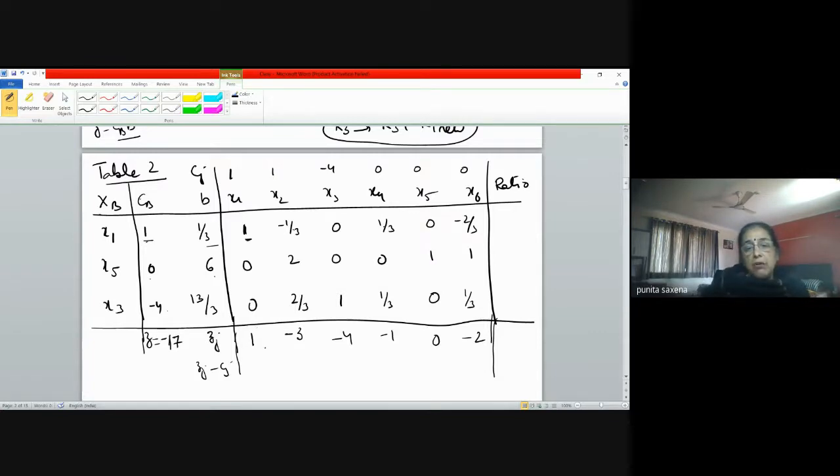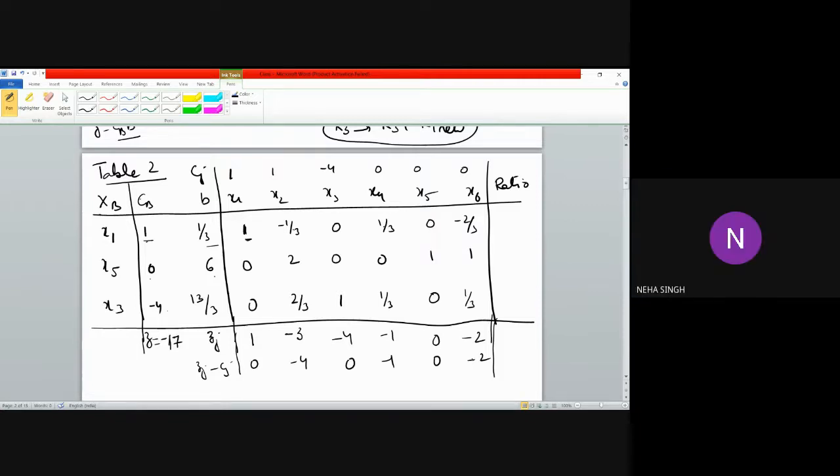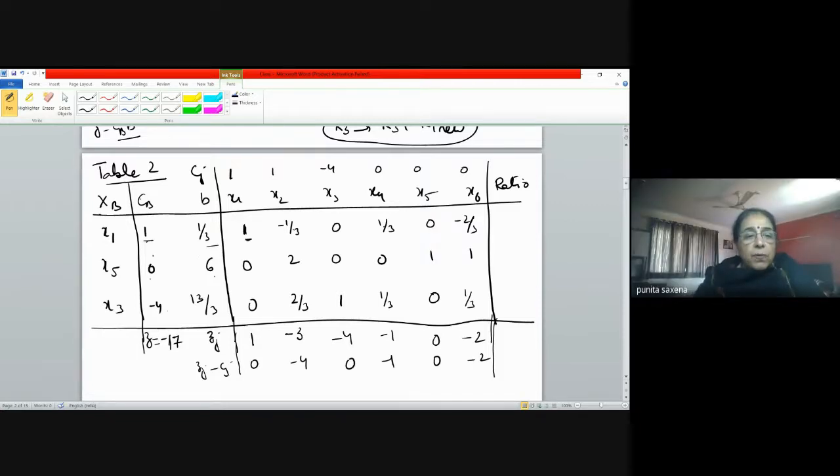Right. Now compute your Zj minus Cjs. So 0 minus 4, 0 minus 1, 0 minus 2. Is this what you are getting? Yes ma'am, this is what I'm getting. Now see, what were your basic variables? x1, x5, x1, x3 and x5.